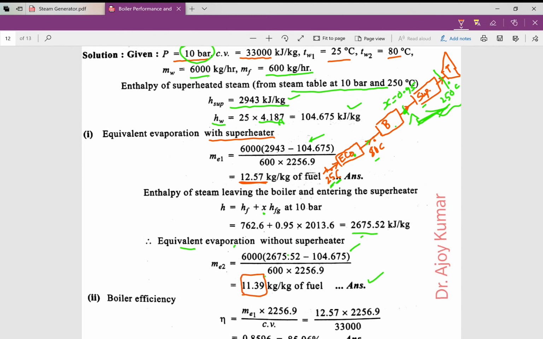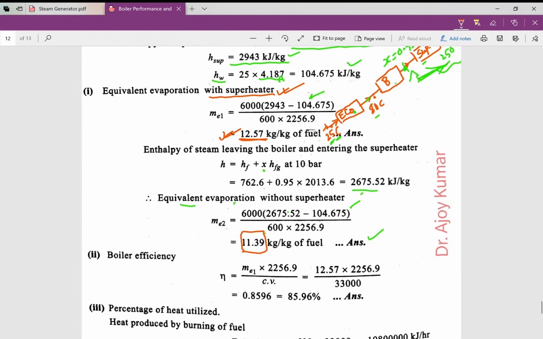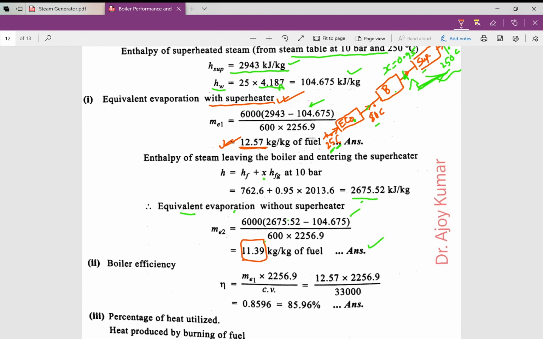So you see, by introducing a superheater, more steam is produced by the boiler, and hence we require a superheater to produce more and more power from the steam turbine. So this is the concept behind this.